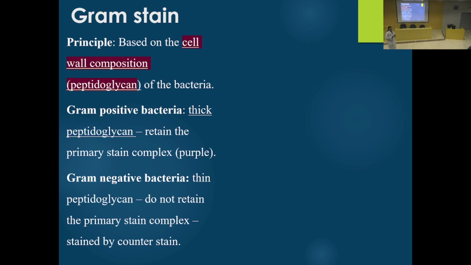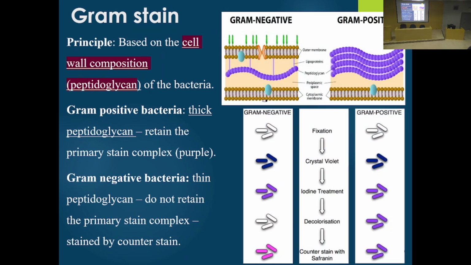So what is the principle of gram stain? Again, revision from year 1. It is basically based on the peptidoglycan component present in the cell wall. If the peptidoglycan content is huge, then what happens?